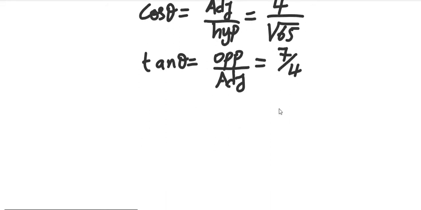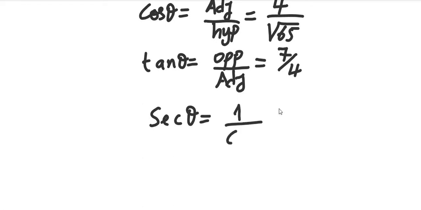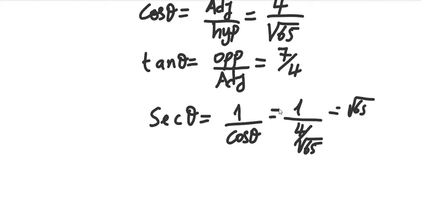I will now calculate my sec theta, and it is equal to 1 all over the cosine function cos theta, and it is equal to 1 divided by 4 divided by the square root of 65, which is equal to the square root of 65 divided by 4.